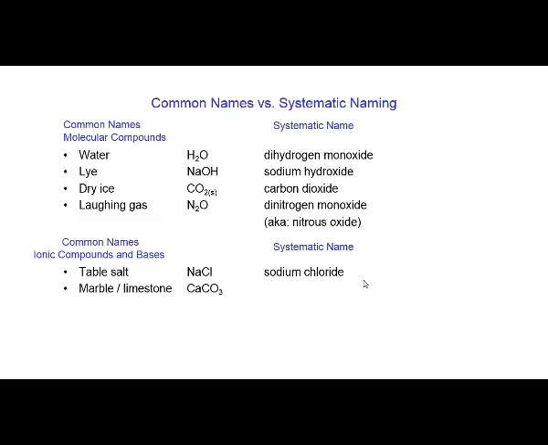Now if I have marble or limestone, I would have one of the major components present in an ionic compound that has CaCO3 as the formula. If I use systematic naming, I would notice this is ionic in nature. I see a cation followed by an anion. I name the cation first. This metal would form the calcium cation. There's only one possible charge state, so I do not use any Roman numerals.